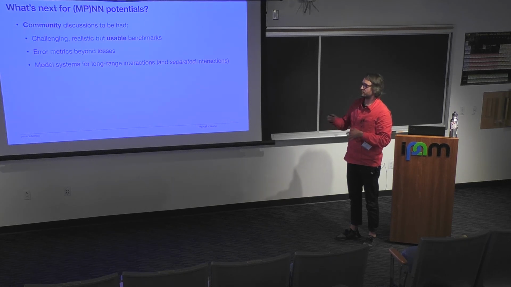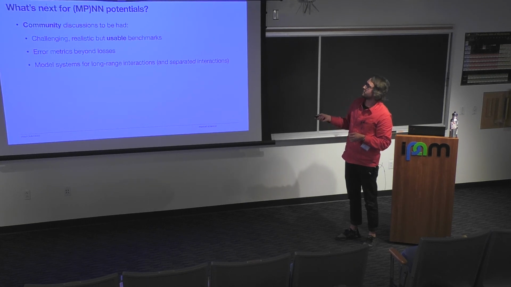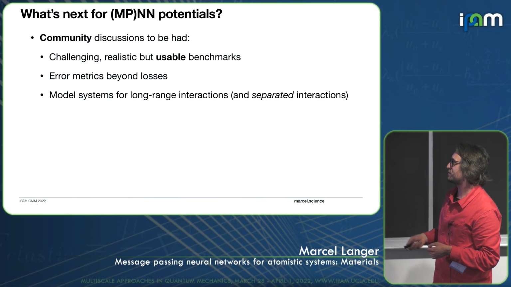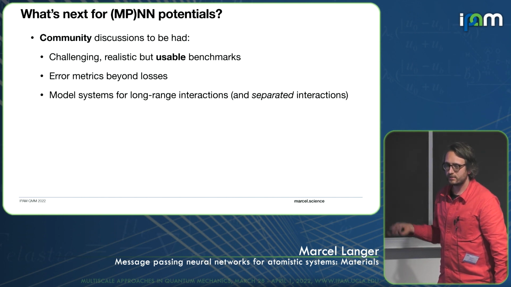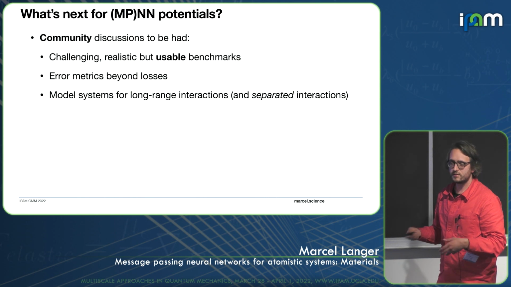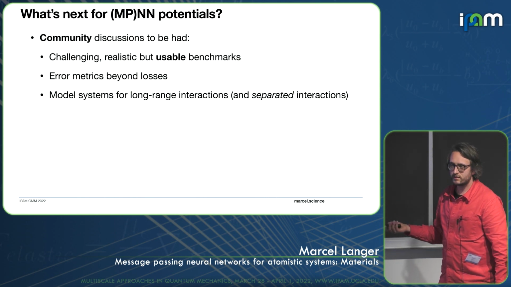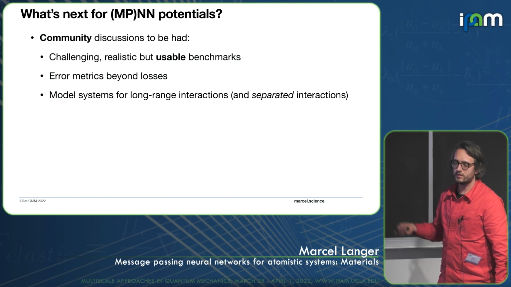Finally, from the machine learning for materials or quantum mechanics community, I think one open thing that really needs to be discussed is that there's a lack of proper benchmarks. We have some data sets that everyone uses, like MD17 or QM9, and then you compare the loss on the data set, and then you say, okay, my column in the table is bold, I win, my model is great.